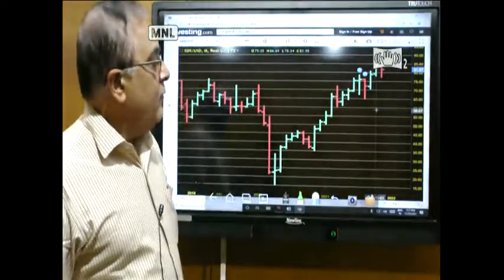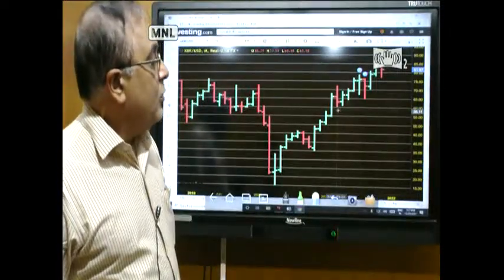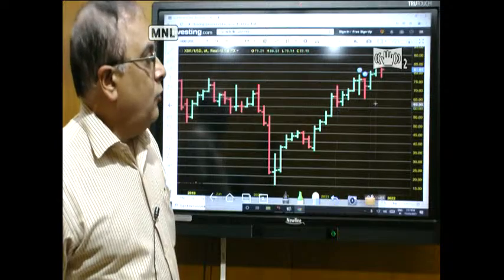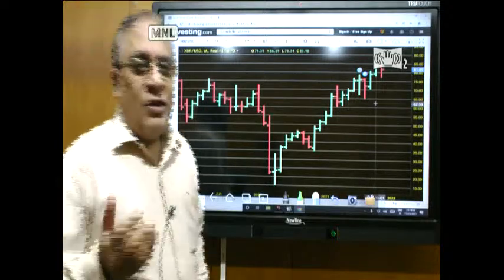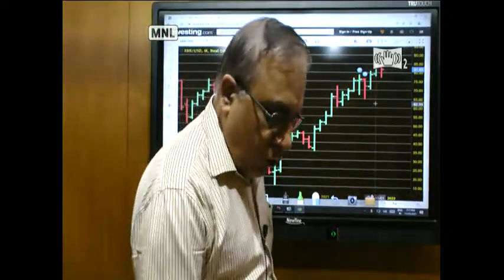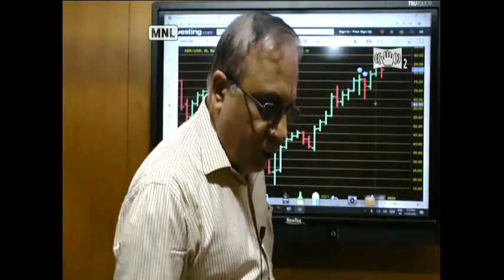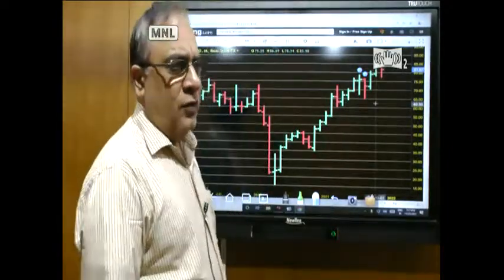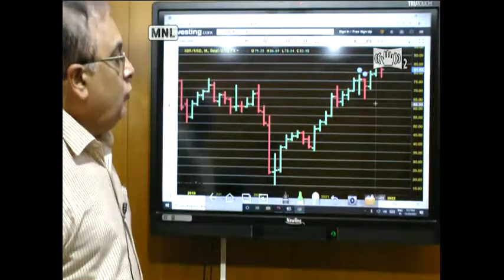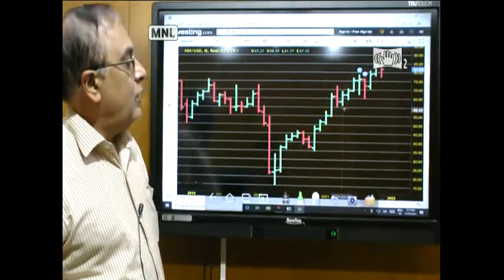Now, let us look at one other important pivot low in the monthly chart. This is 60. So 60 and 86 is 26. 26 into 0.235 is $6.11, $6.01 or so. So it has fallen below that $6.01.